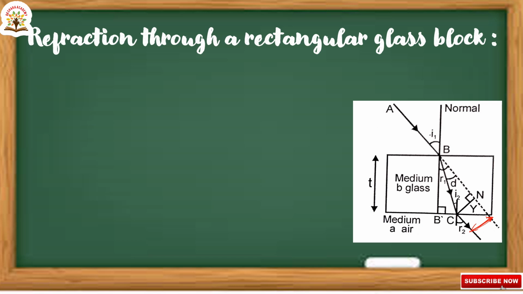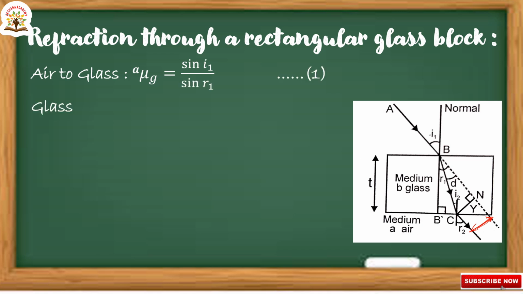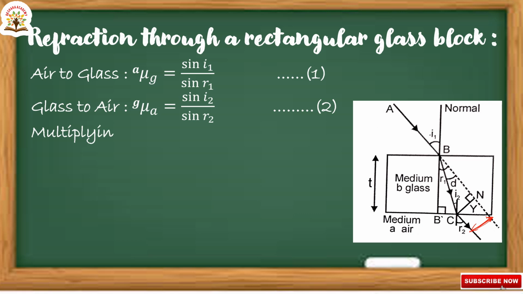Now we'll discuss air to glass. Here the refractive index mu is equal to sin I1 by sin R1. This is equation 1. And glass to air, the refractive index is equal to sin I2 by sin R2. This is equation number 2.